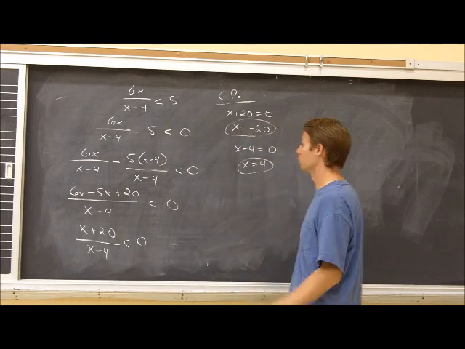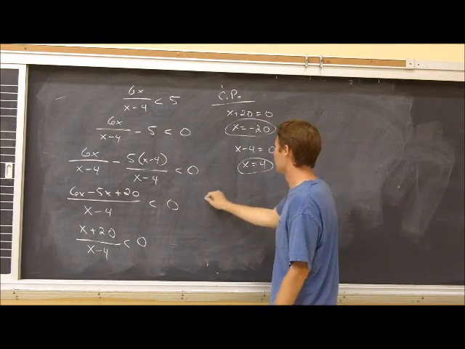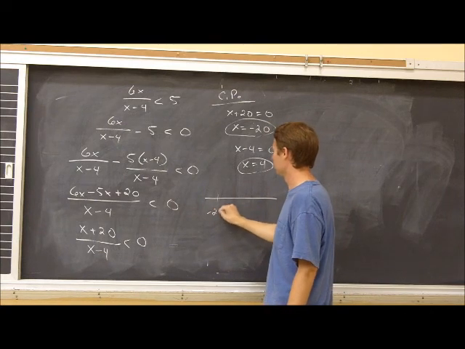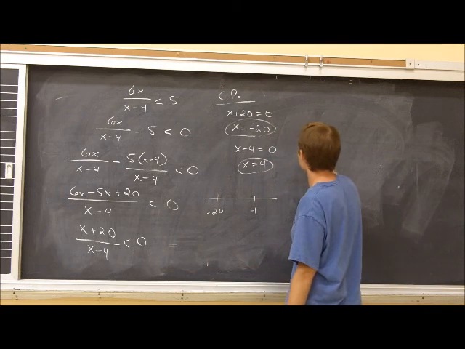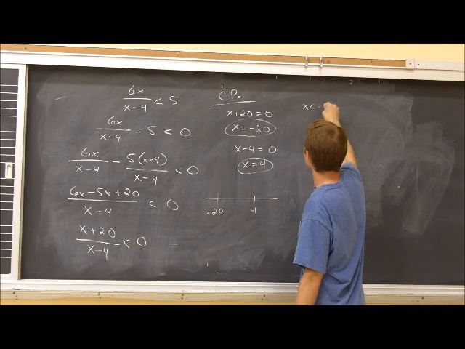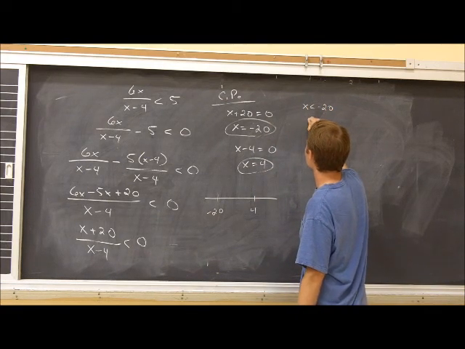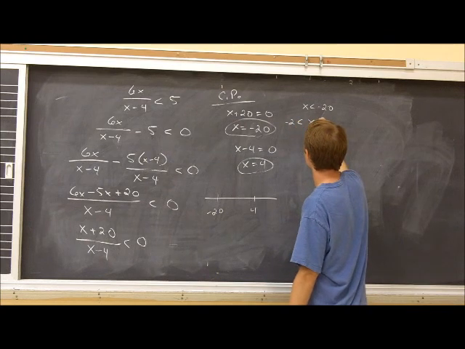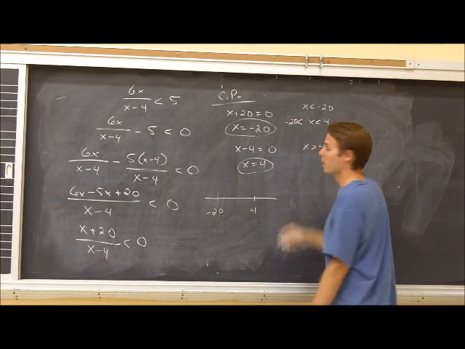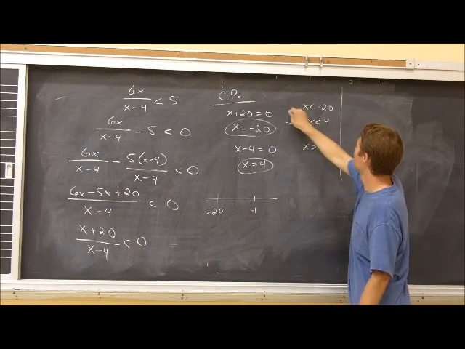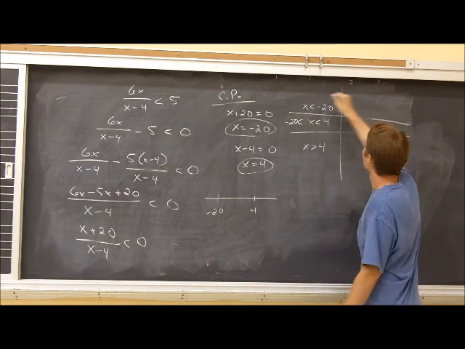These are our two critical points, and these are the intervals around which we'll be testing. So I'll be testing x less than negative 20, then x between negative 20 and positive 4, and then x greater than positive 4. These are my test intervals.